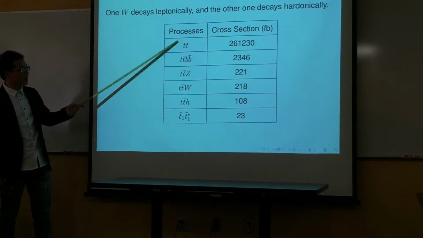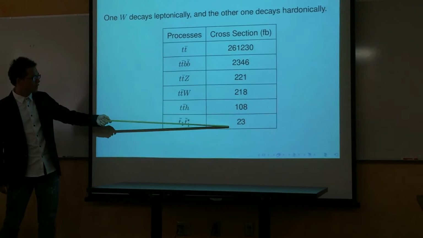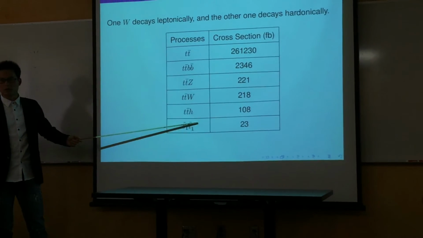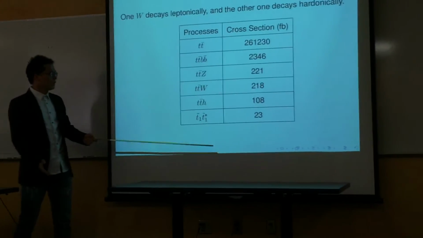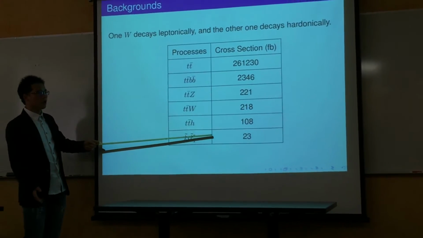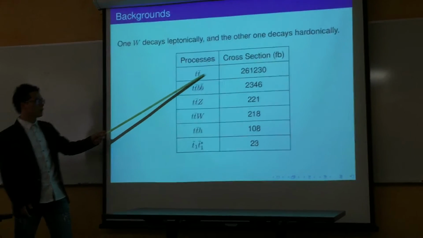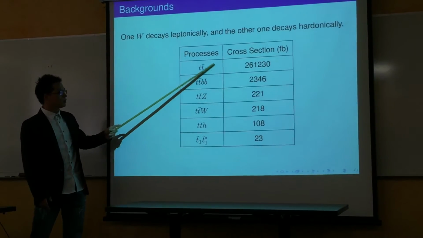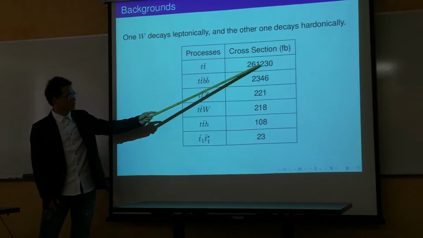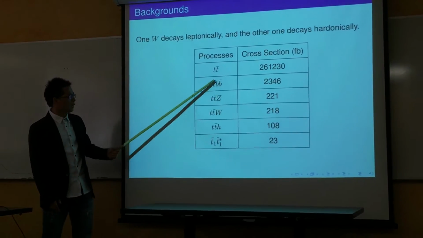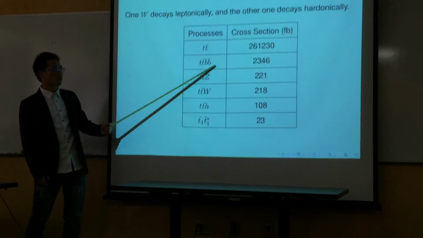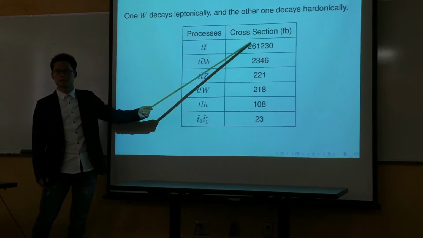You can see the t t-bar cross section is way larger than the signal. So we need to use some strong cuts to cut down the t t-bar, because the cross section is much larger than the signal. And t t-bar b b-bar too; those two will be the 2 dominant backgrounds.